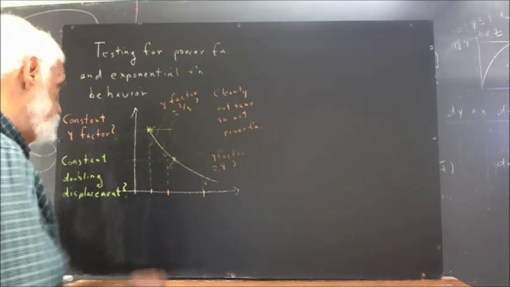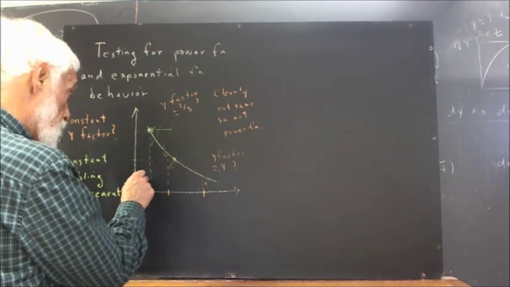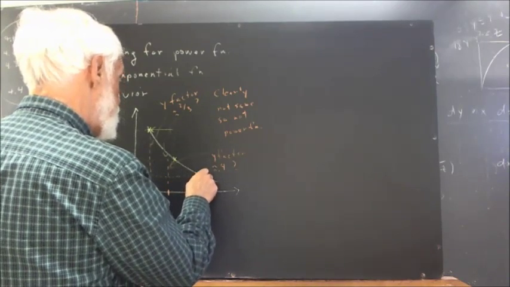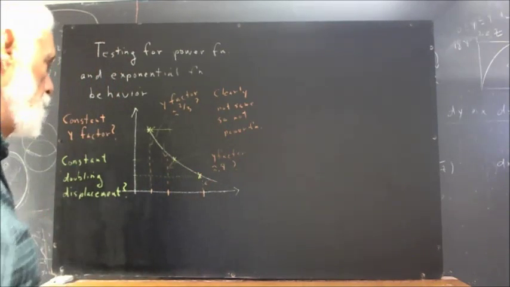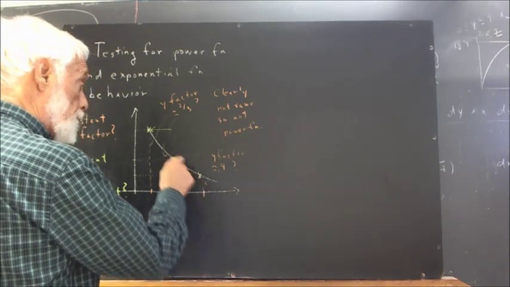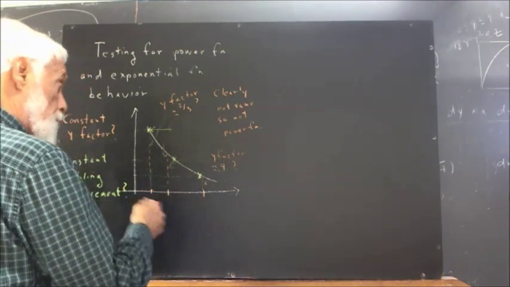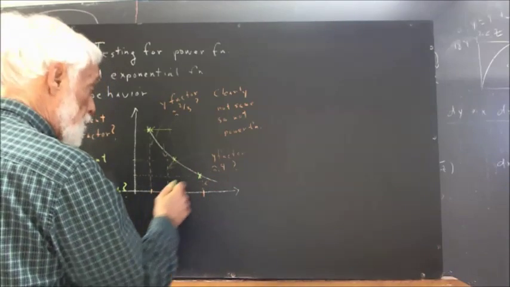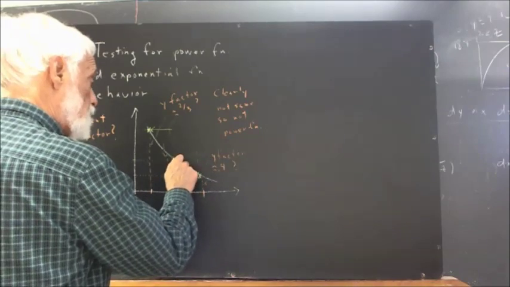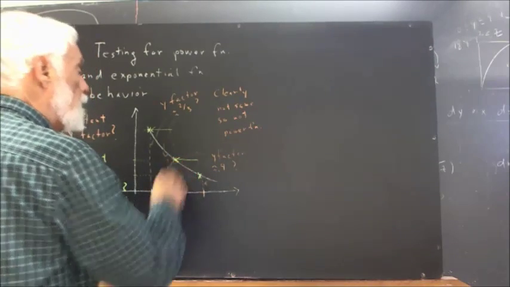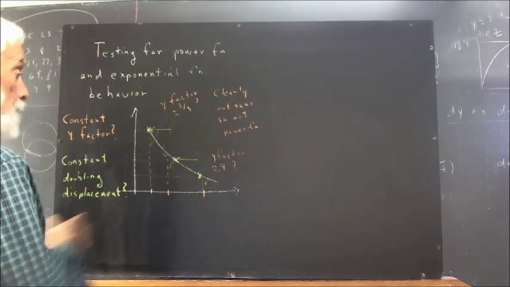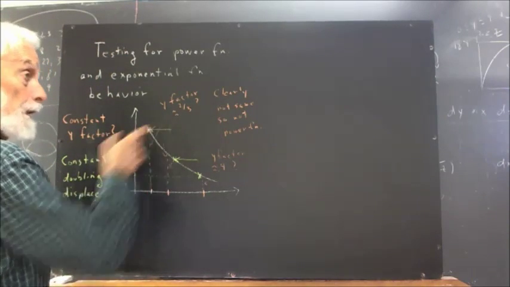Now let's cut that y value in half again, so that we have another doubling displacement from here to here. Doubling displacement is the change in the x value, and if we sketch an arrow corresponding to the doubling displacement from here to here, it looks like it's about the same.